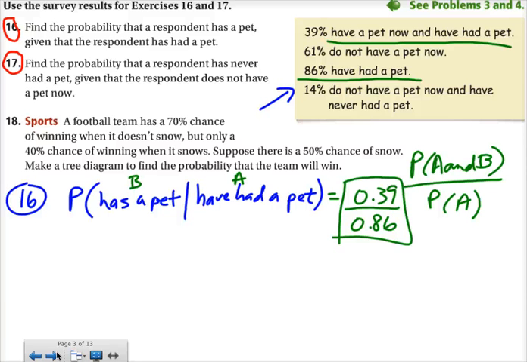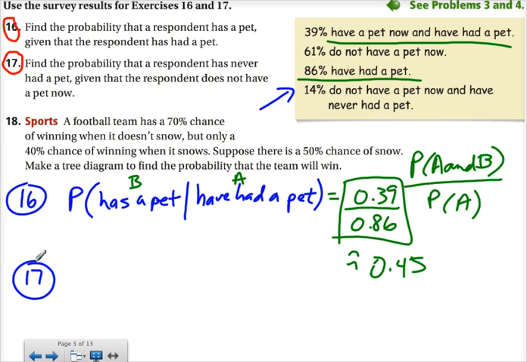I didn't get it in yet. 0.39 divided by 0.86 is approximately 0.45. So about 45% for that one. Then number 17.